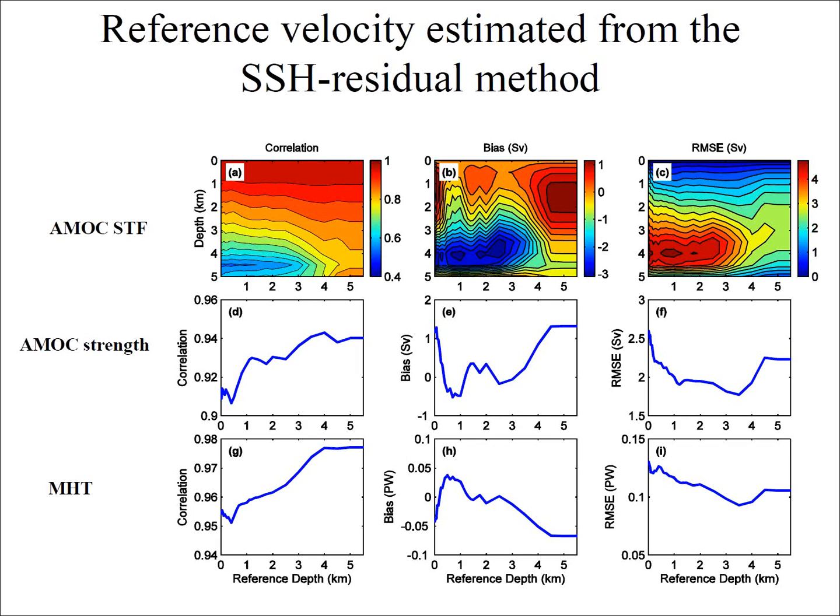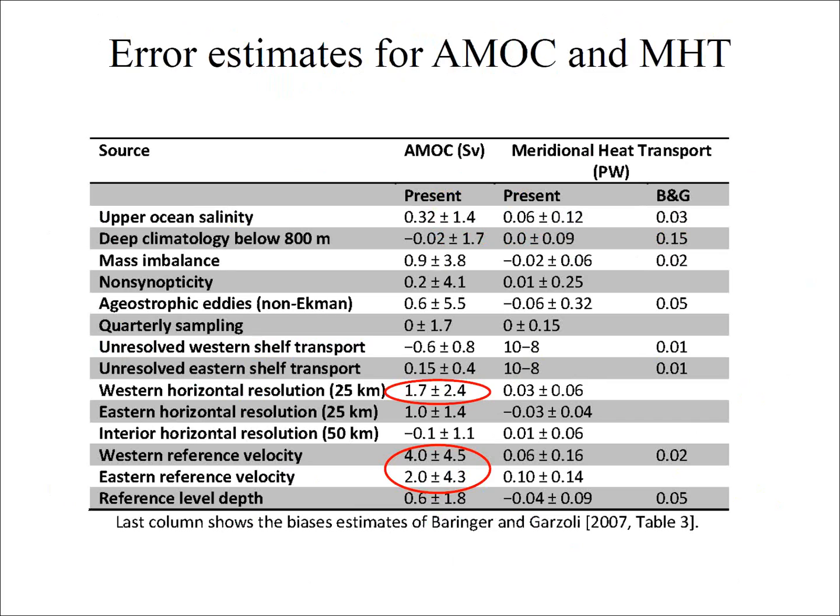So before, for the climatology, we had almost 5 meters of RMS, and here we reduce it to less than 2. So it's a good improvement if we really estimate from that.